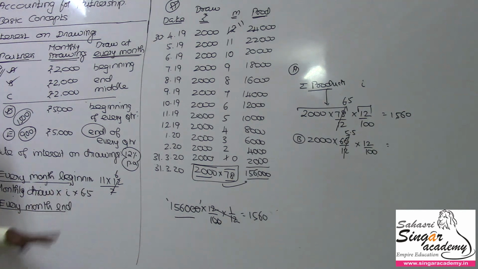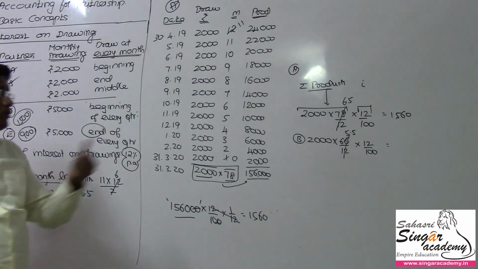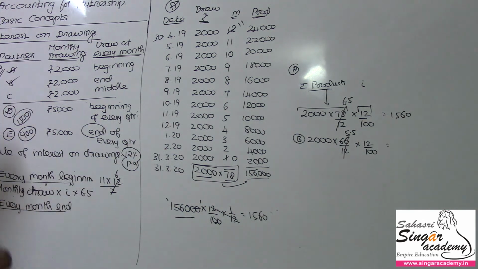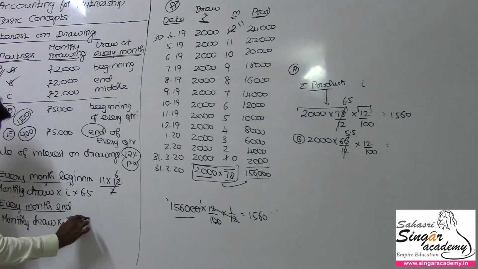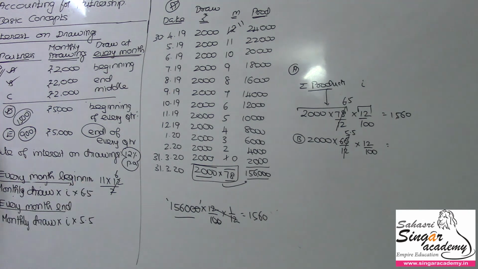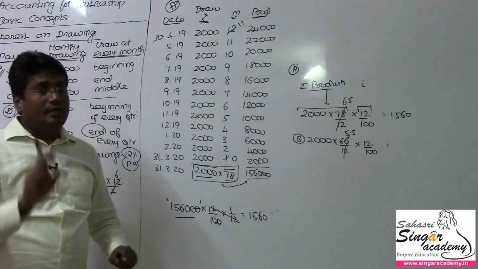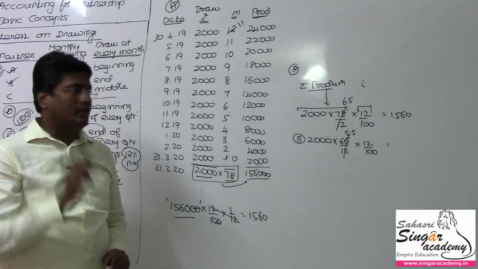You can memorize this 6.5; I told you how to arrive at 6.5 also. Similarly for every month end, the monthly drawings multiplied with rate of interest into 5.5. Very simple. It's not total drawings, it's the monthly drawings.